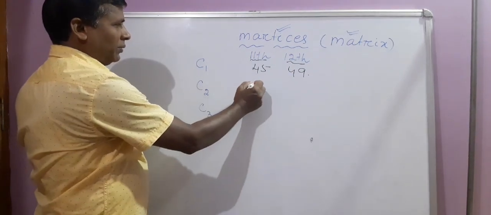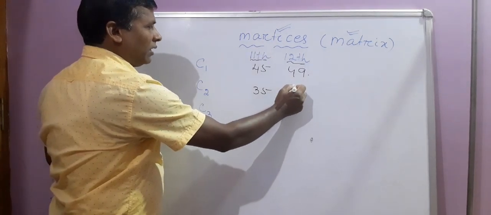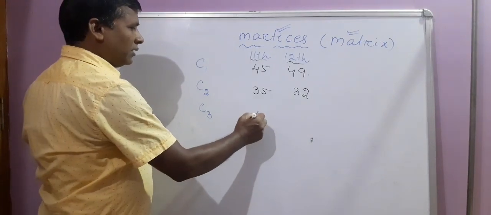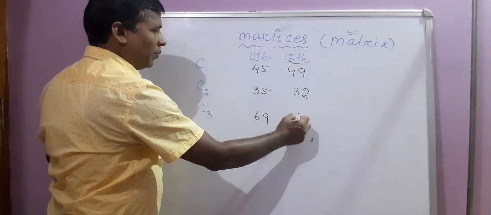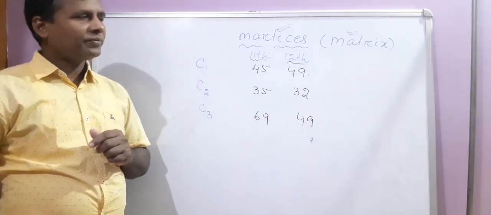In college C2, there are 35 students in 11th class and 32 students in 12th class, and in C3, 69 students in 11th class and 49 students in 12th class.